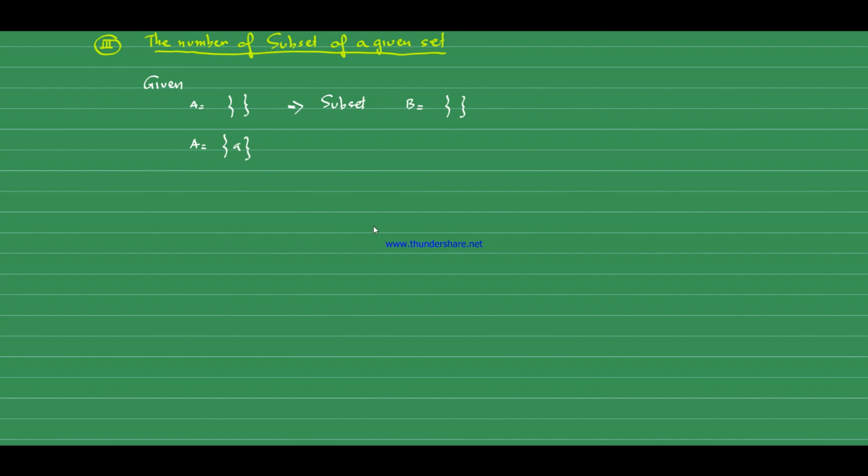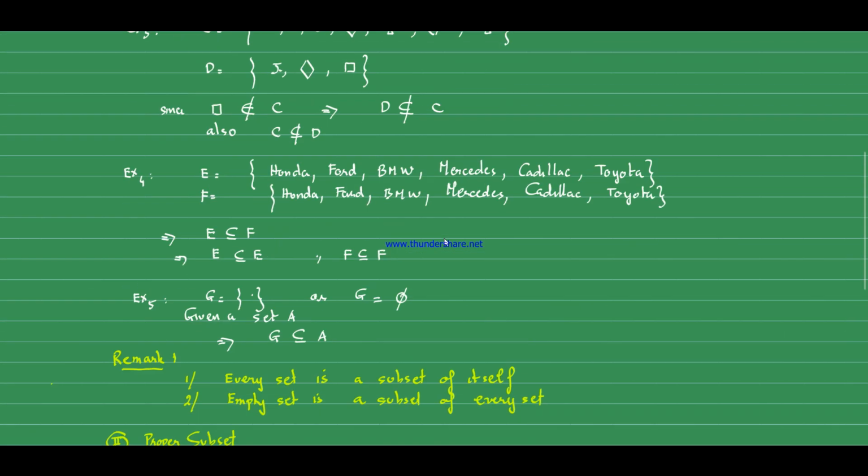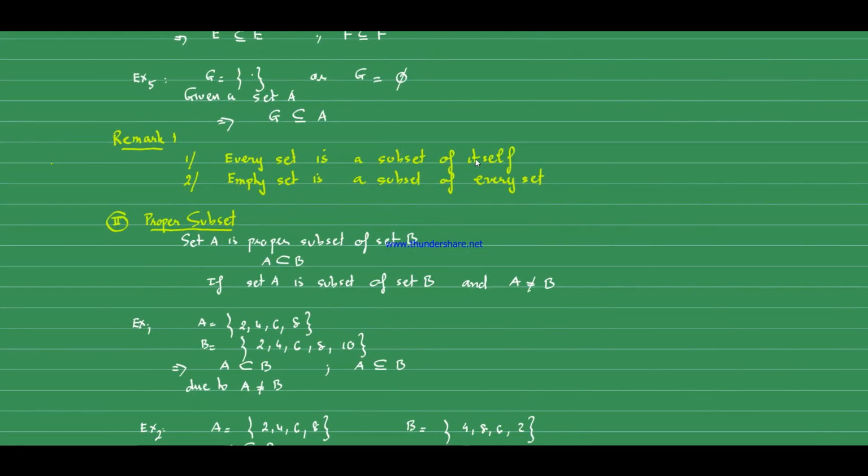Then I can find the subsets. The subsets will be the empty set, because the empty set is a subset of any set, and we also have another subset, the set itself, because every set is a subset of itself.